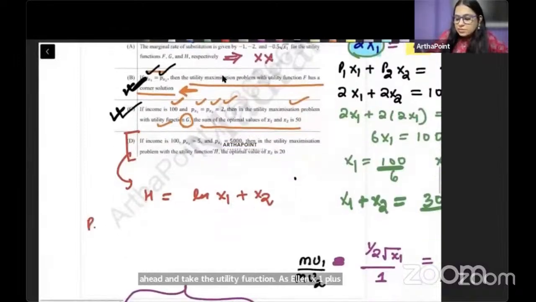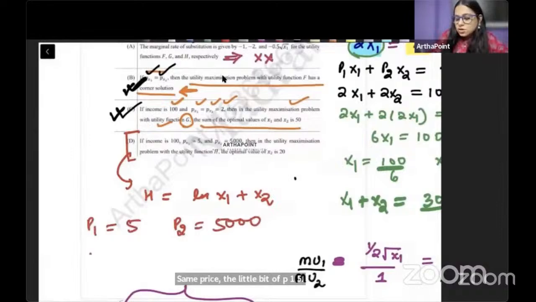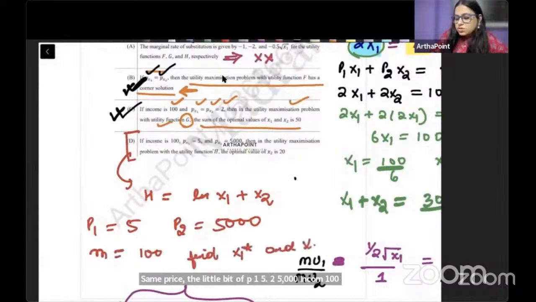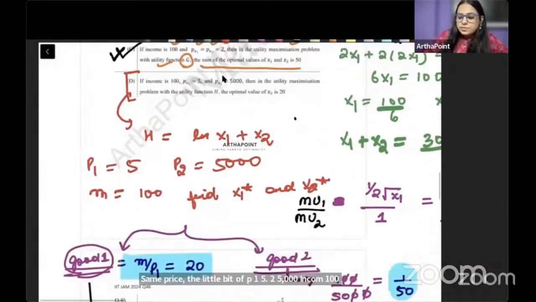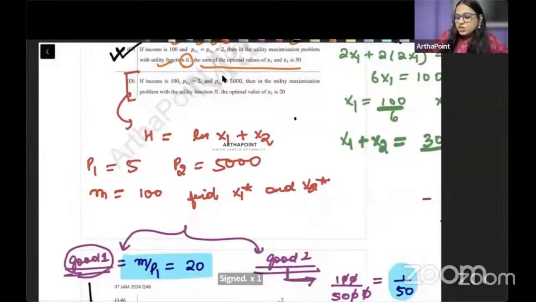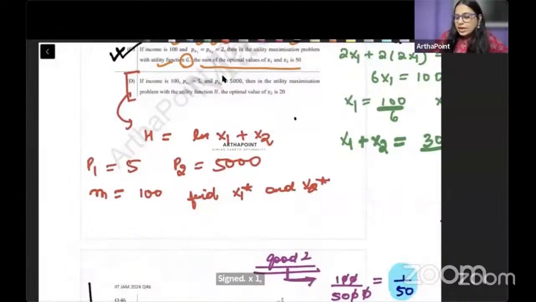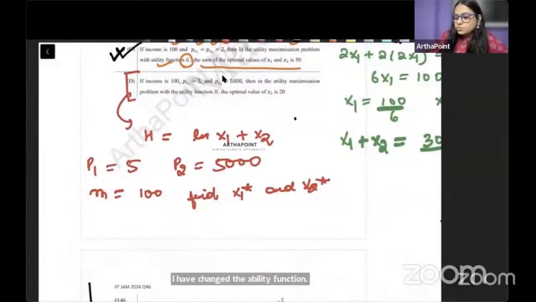Same price level, beta: P1 is 5, P2 is 5000, income 100. Find x1 star and x2 star. I have changed the utility function. Everyone will redo this question.